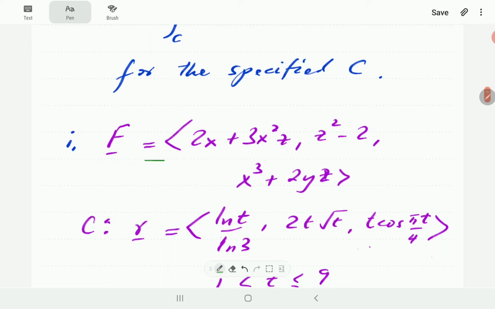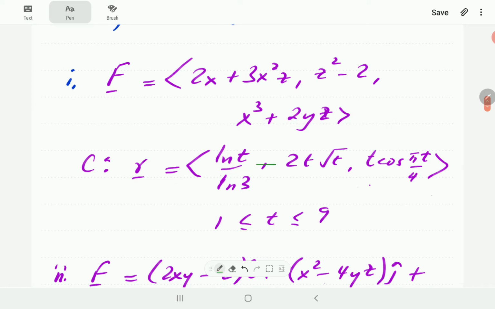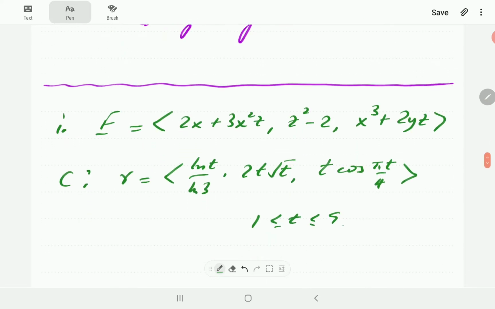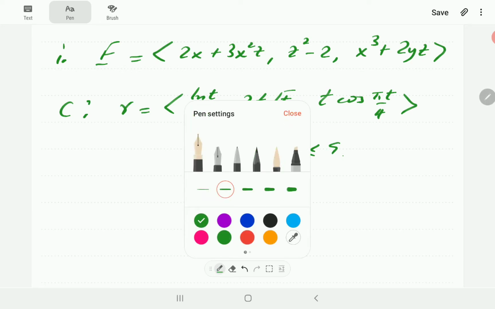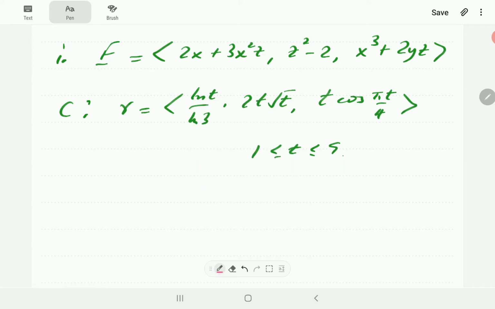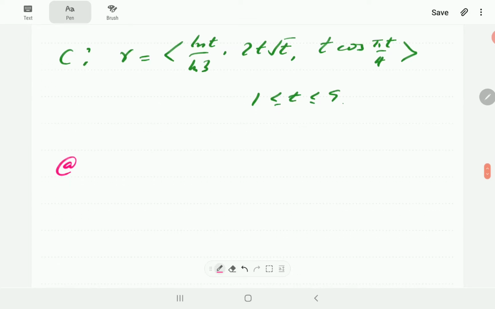So in part 1 we have got this function. It's a 3D function, and this is the contour given. So we're going to start by proving that this is conservative. Now in our part 1 video we did show that proving that a force field is conservative is easily done by just showing that it is irrotational.